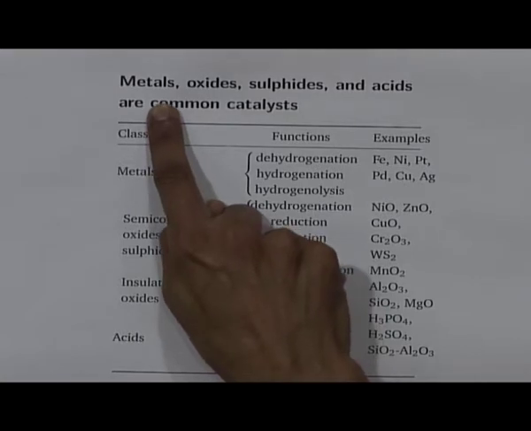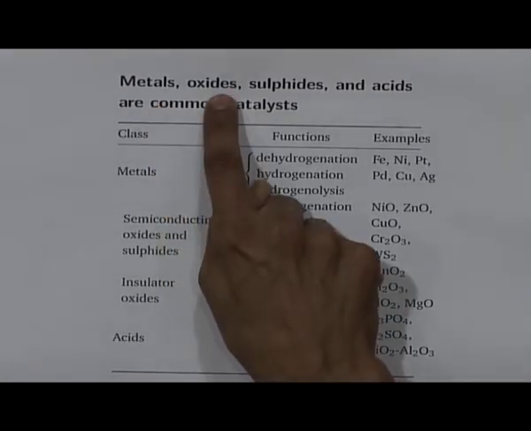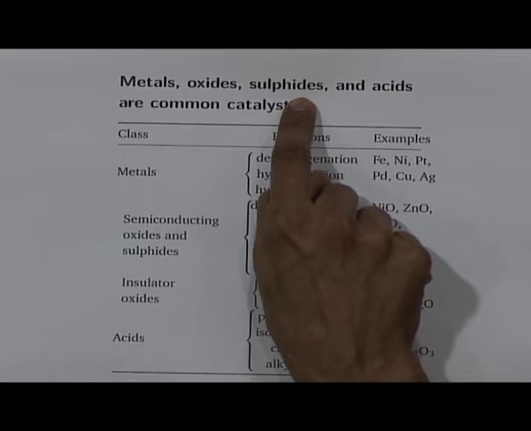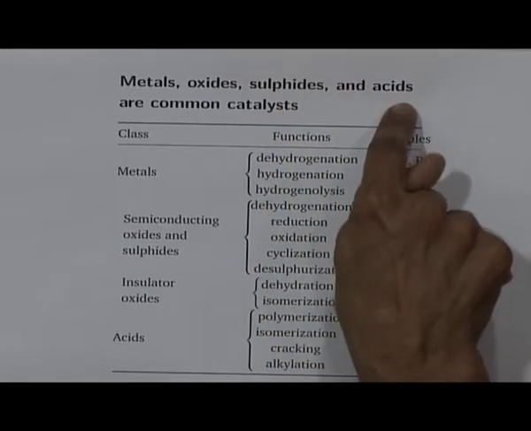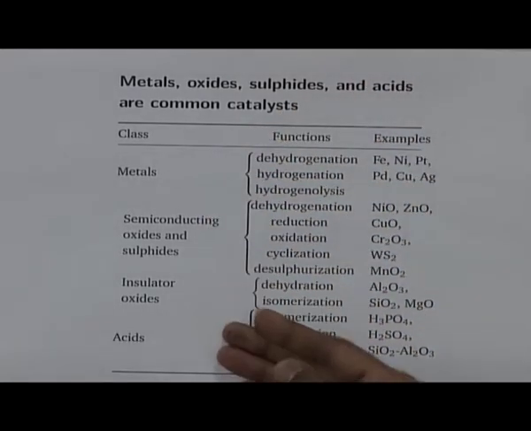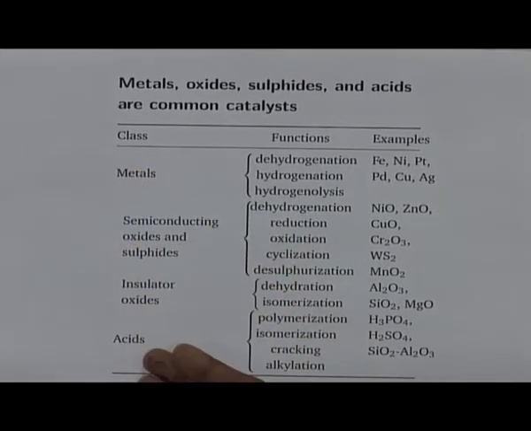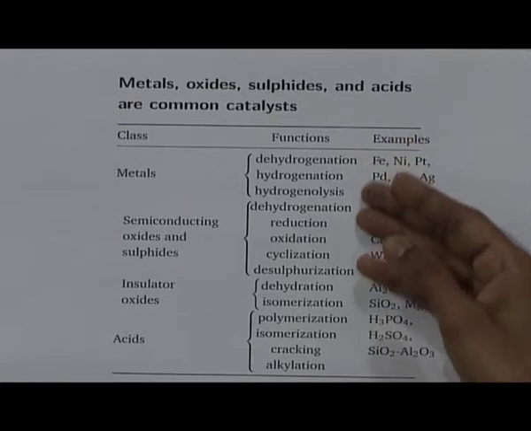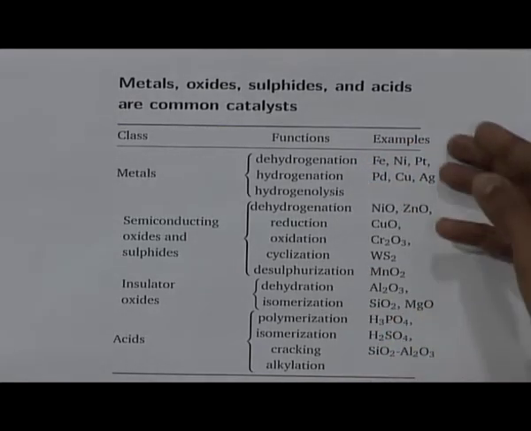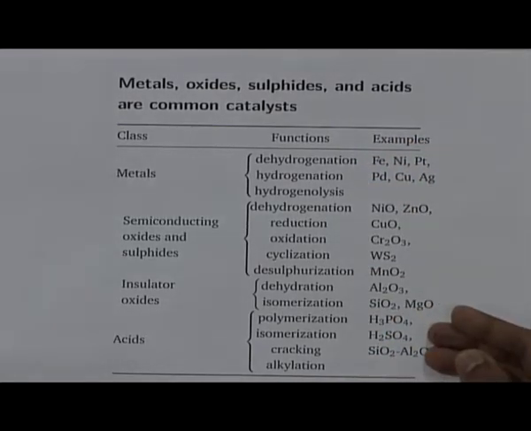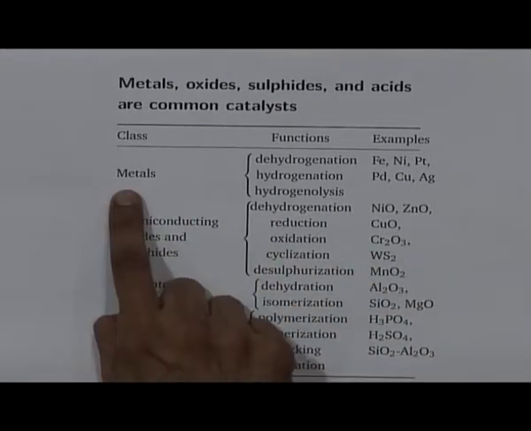Metals could be catalysts, metal oxides could be catalysts, metal sulfides could be catalysts, acids could be catalysts, and I have listed here what type of material we have got, what kind of reaction they catalyze, and what are the prototypical examples of each of these.